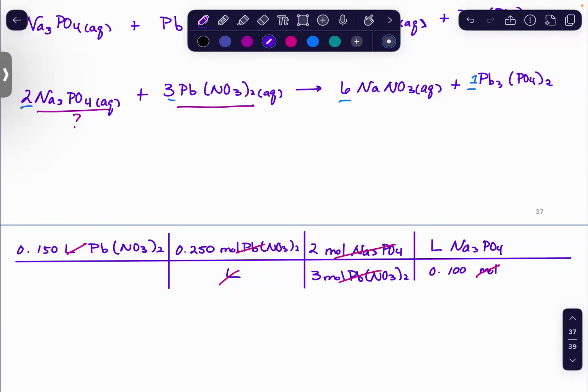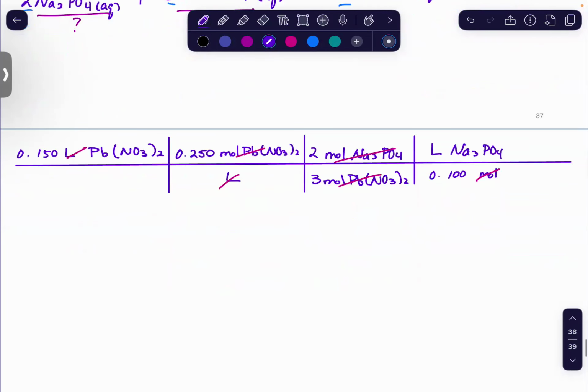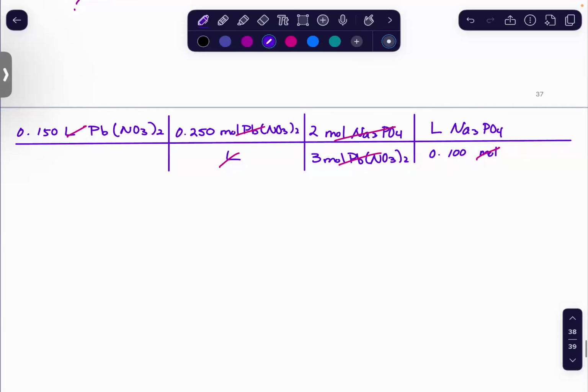I'm going to multiply the top, divide by the bottom, and what I'm going to get is 0.250 liters of sodium phosphate.